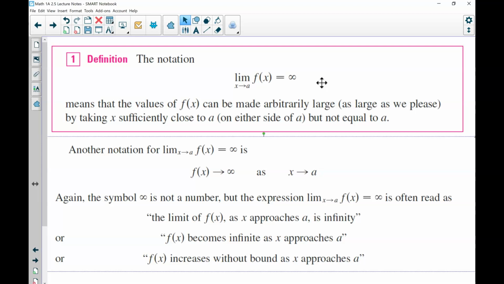Another notation for the limit as x approaches a of f of x equal to infinity is the following: f of x approaches infinity as x approaches a. Again, the symbol is not a number, but the expression is often read as: the limit of the function as x approaches a is infinity, or the function f of x becomes infinite as x approaches a, or f of x increases without bound as x approaches a.